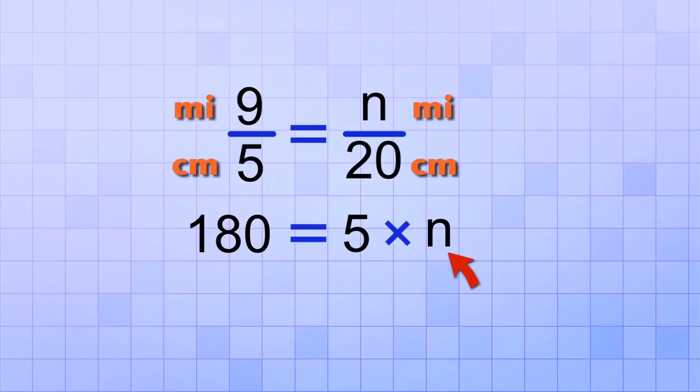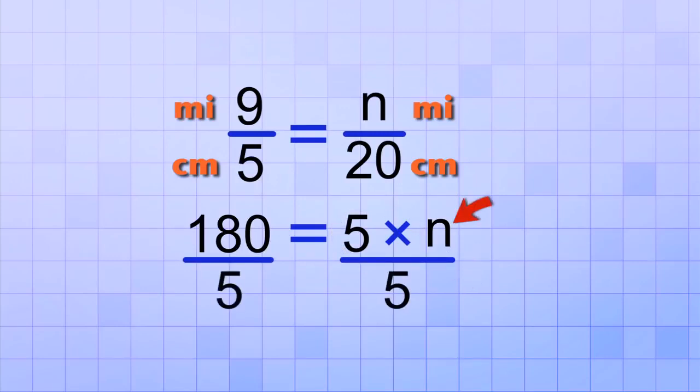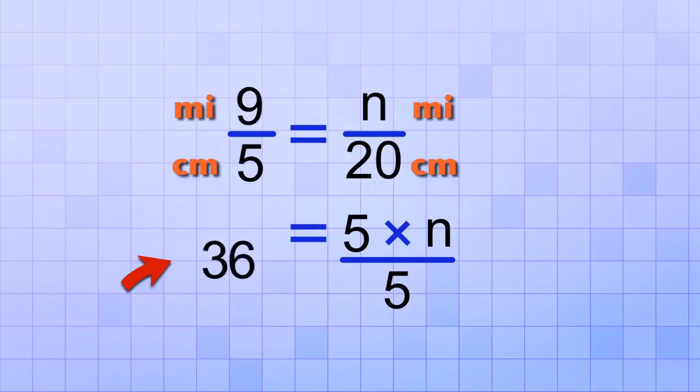Well, we can't just ignore the 5 like we ignored the 1 in the last problem. Instead, to get the n by itself, all we have to do is divide both sides of the equation by the number that n's being multiplied by. In this case, that's 5. So on the first side, 180 divided by 5 equals 36.